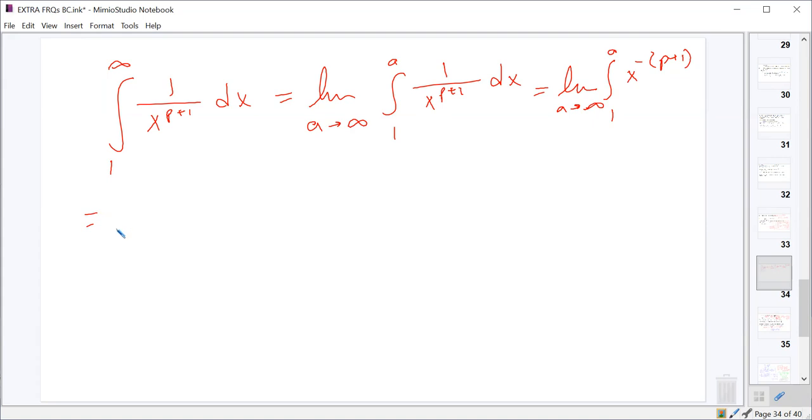That gives us x to the negative p minus 1, and if we distribute that through, it goes up to x to the negative p, and then we divide by negative p.